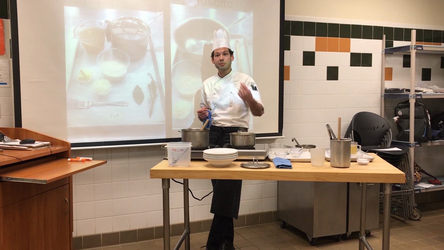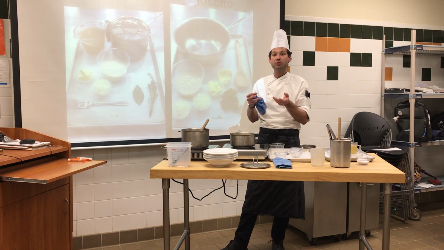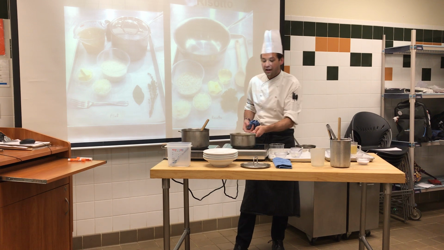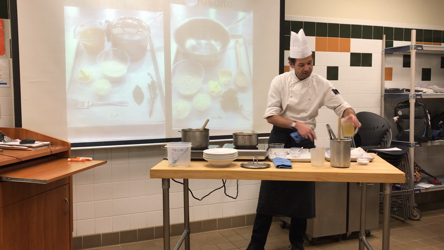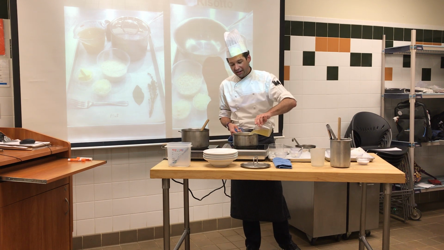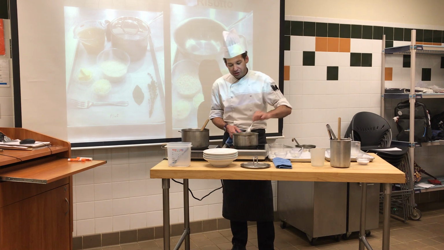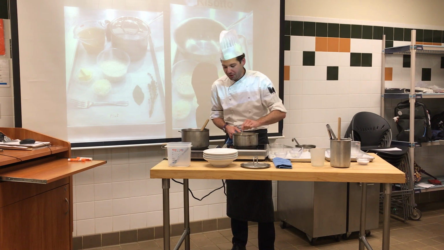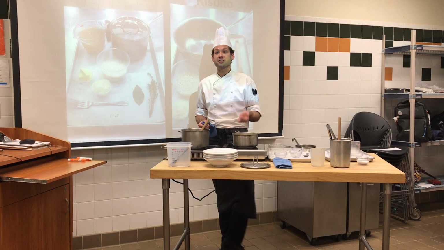So by coating it in a little bit of fat through the toasting process, what we're going to do is protect those grains of rice so that they don't stick together in the cooking process. So, nice and toasted. We're going to add stock here in a pre-measured quantity. I'm going to stir it a little bit, but what did we just talk about with what stirring does to starches in the cooking process?